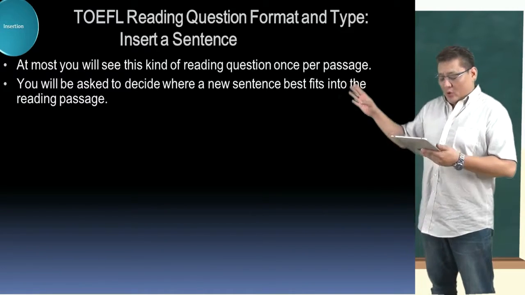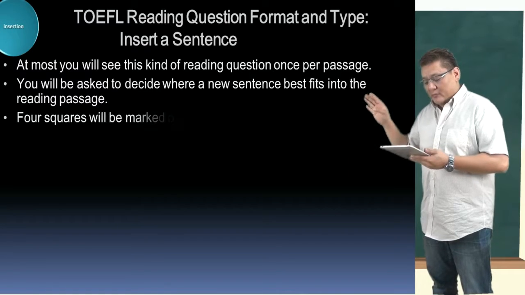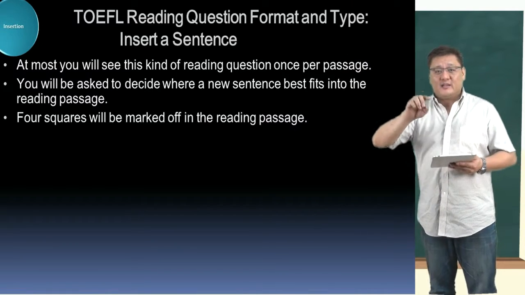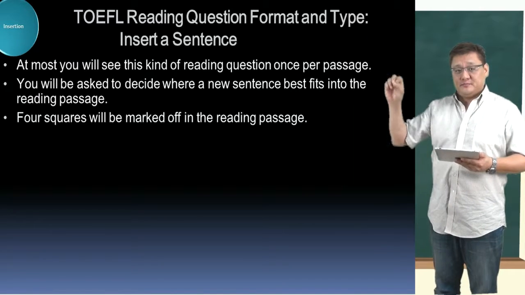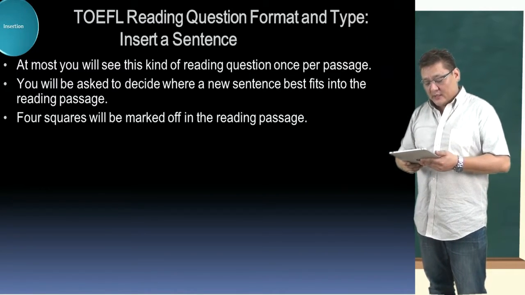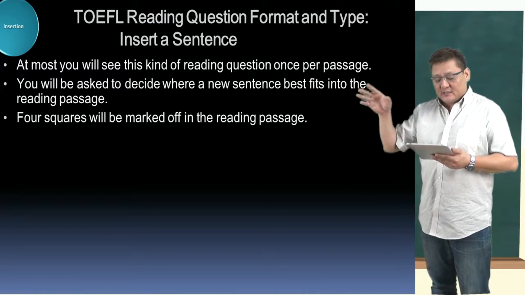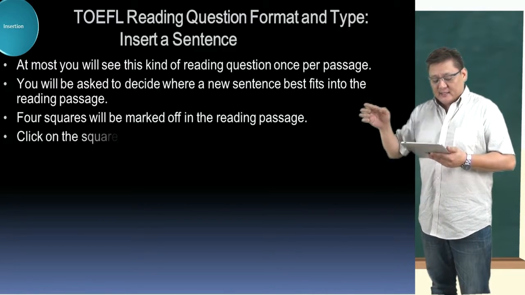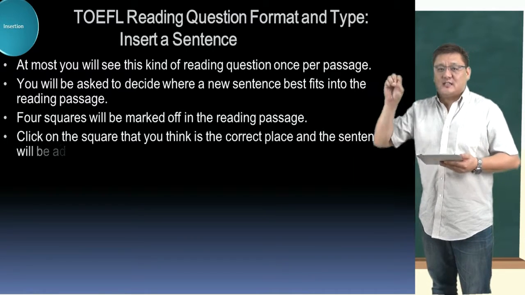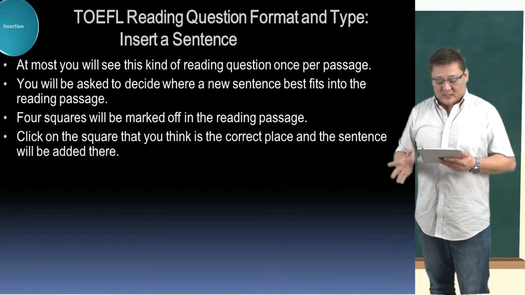There are 4 squares and they're marked off in the reading section. Okay? reading section 보면은 거기 간단하게 얘기해서 4개가 있어 이렇게. 그 4개에서 어디 하나 골라야 돼. 4군데에서. Okay? Click on the square that you think is the best and correct place and sentence and where it adds. Okay? 이 sentence가 그 전 sentence랑 그 다음 sentence 얼마나 잘 의견 맞는 것 같아 또 찾아야 돼.